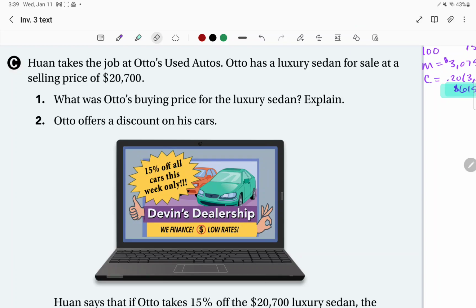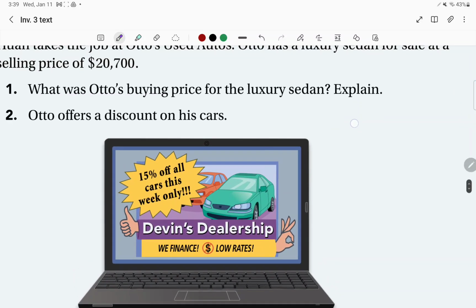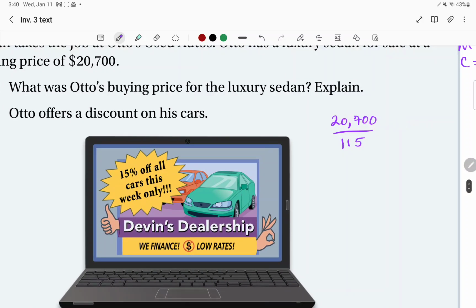So if we look at the buying price, let's try setting up a proportion. Since we've been doing proportions, let's continue to do that. So this is on the first one. We know that he is selling it for $20,700. And we know that he marks it up by 15%. So this is actually 115% of his buying price because he marked it up 15%. So we want to know, what did he buy it for?